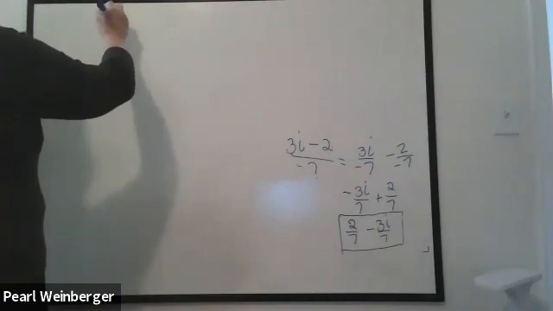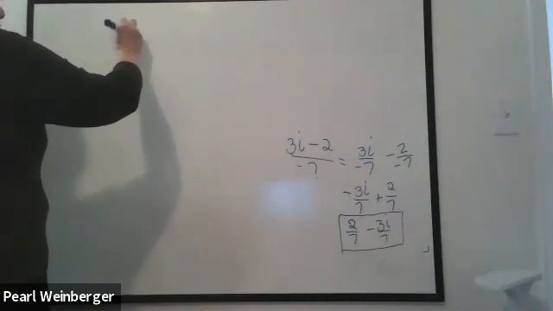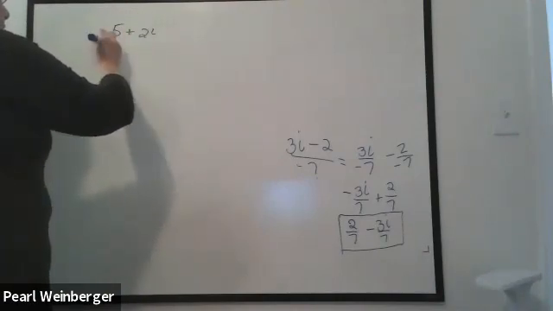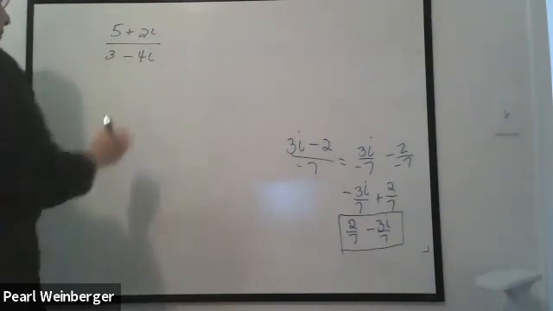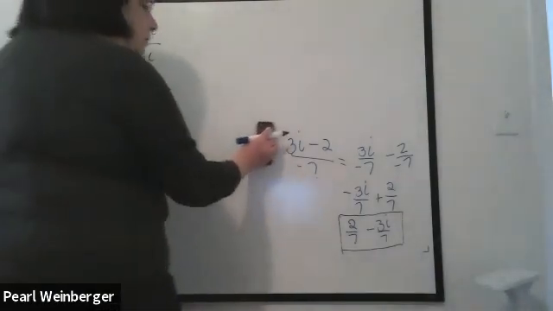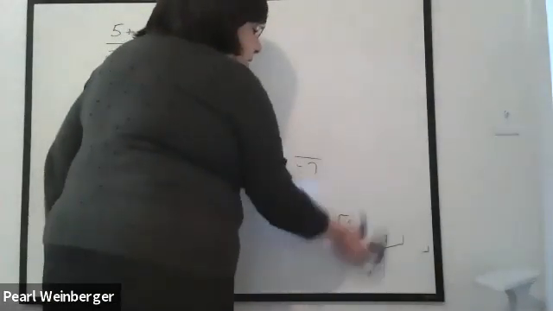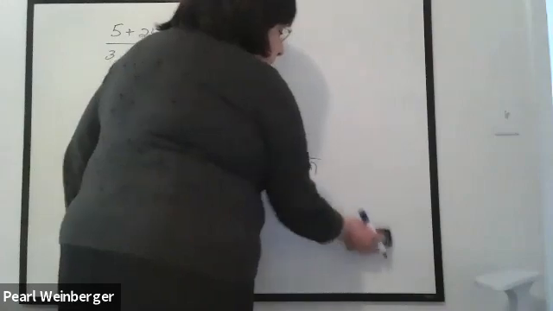Suppose I had a complex number 5 plus 2i over 3 minus 4i. This looks like we're dividing a complex number by a complex number.